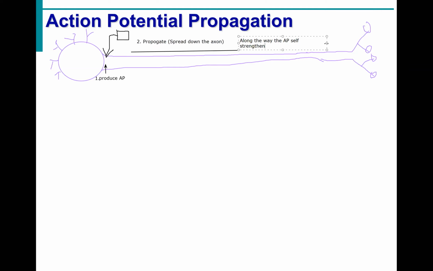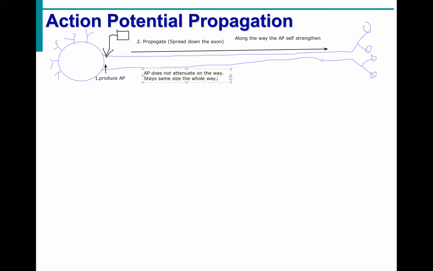It is actually going to continue to stay big the whole way. The key to this is the action potential does not attenuate on the way. It stays the same size the whole way. All right?